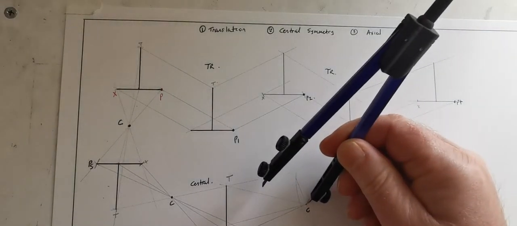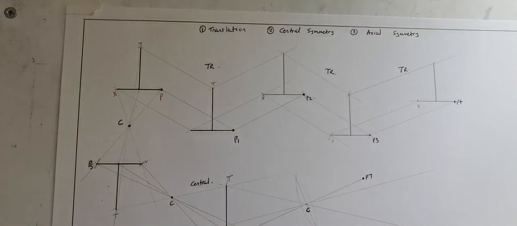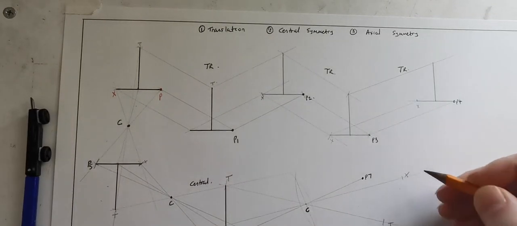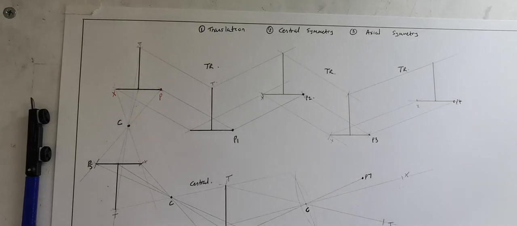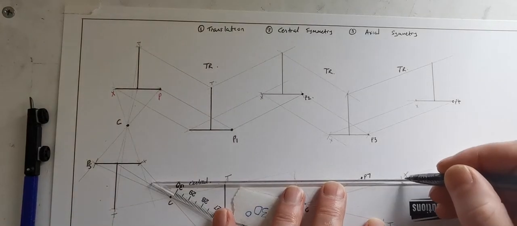First of all I'm going to find a new position for T. So I've got T, I've got P. I need to find X. So I can join P to X.